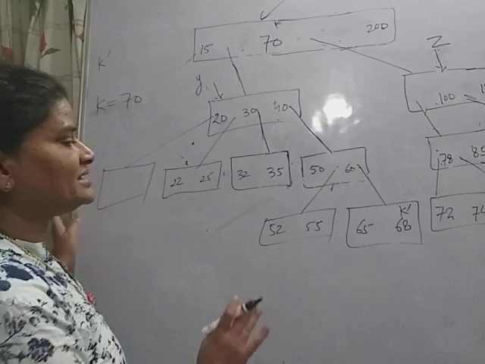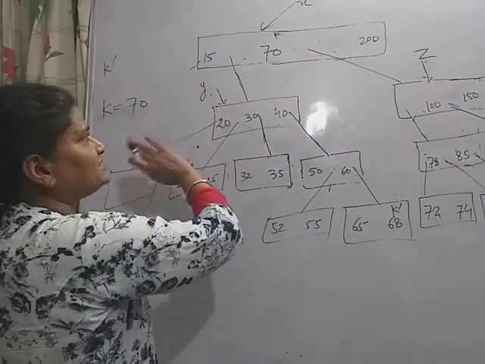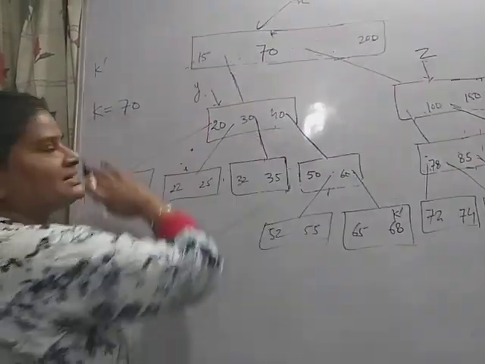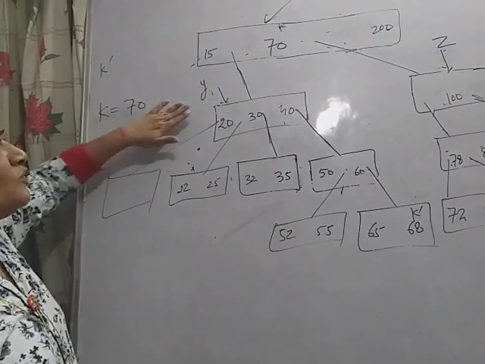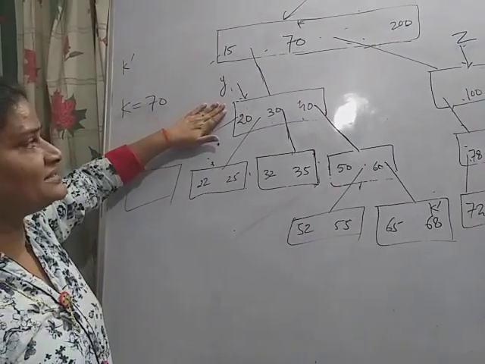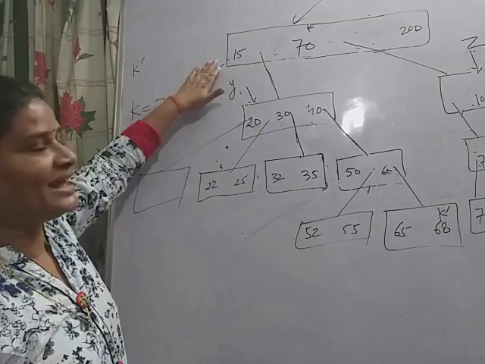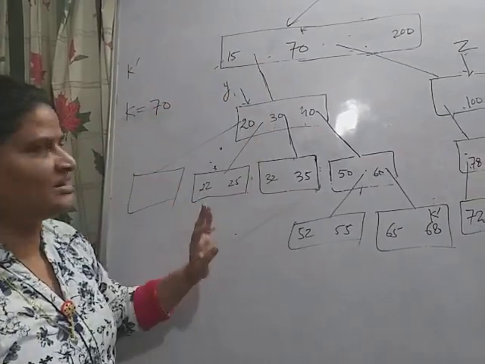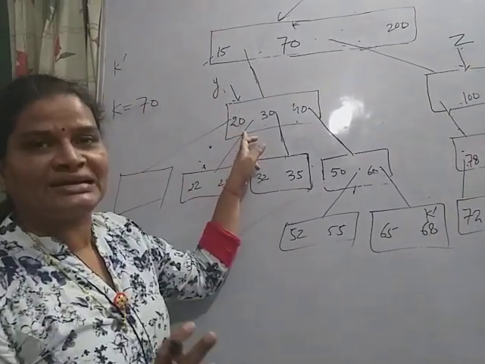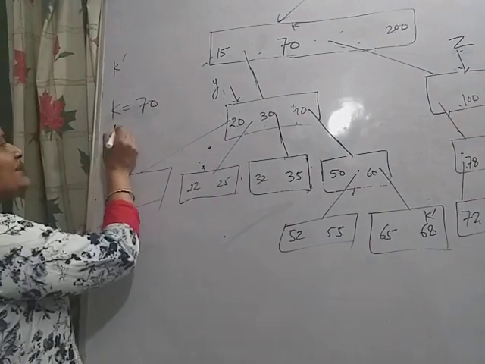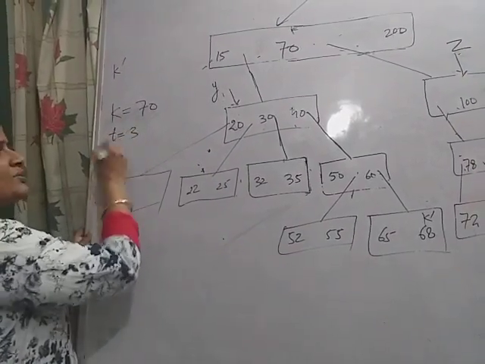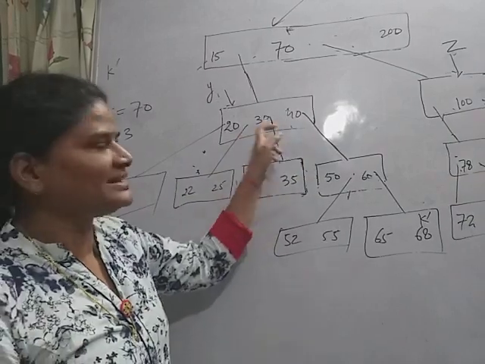Okay, so here k is 70, and y is the child of x that precedes 70. Here y contains at least t keys, t equal to 3, so at least 3 keys.